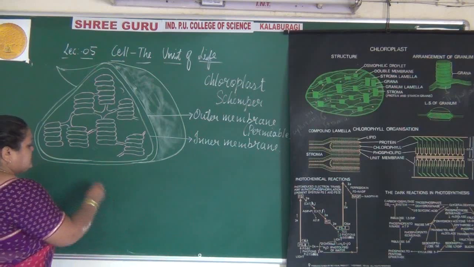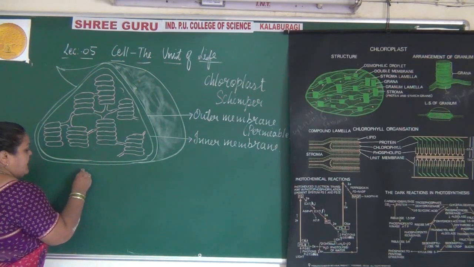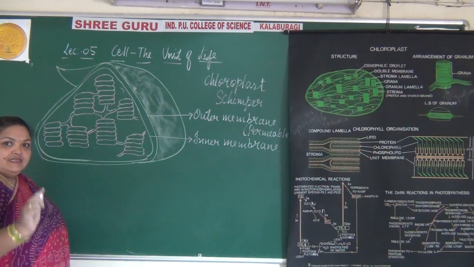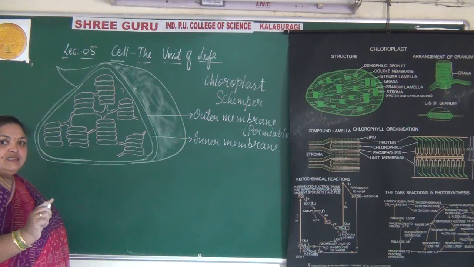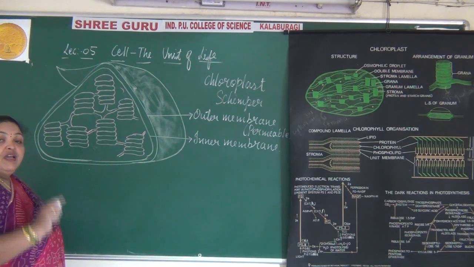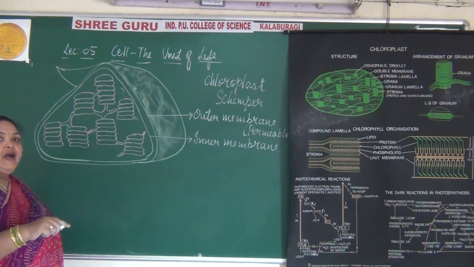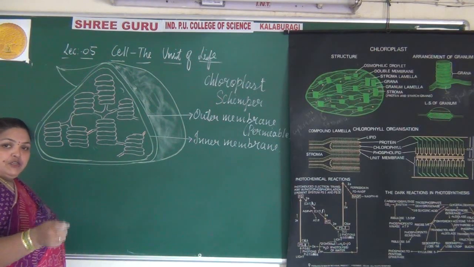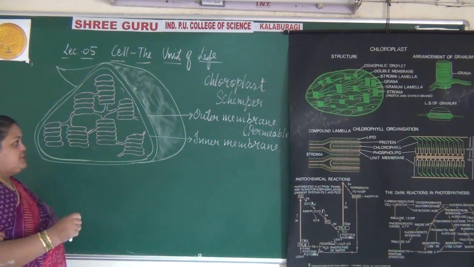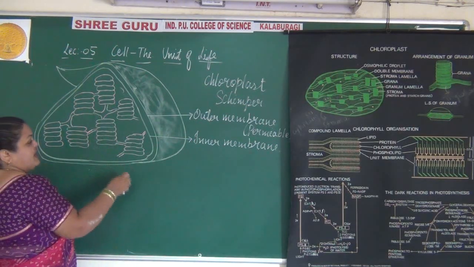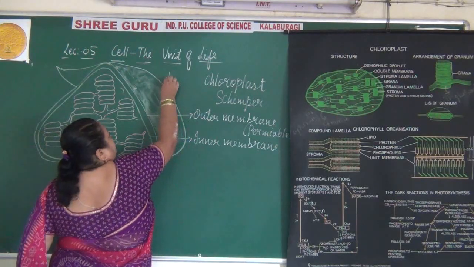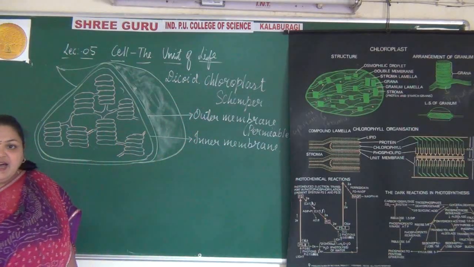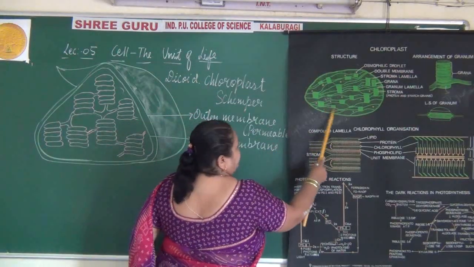If you take the leaf cells, there are two forms of cells in the leaves, the palisade cells and the mesophyll cells. In each of these cells, there can be around 20 to 30 chloroplasts. The chloroplasts are usually discoid in shape.